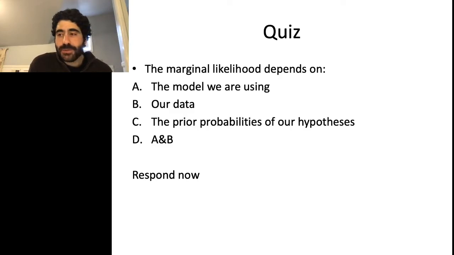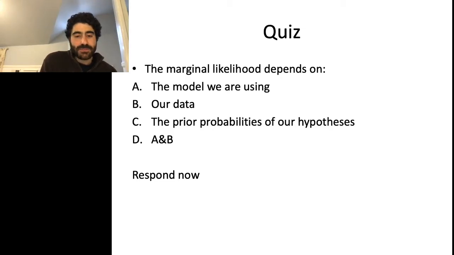If we want to compute a marginal likelihood, what do we need to specify? Okay, I'm seeing some D's, which is right.